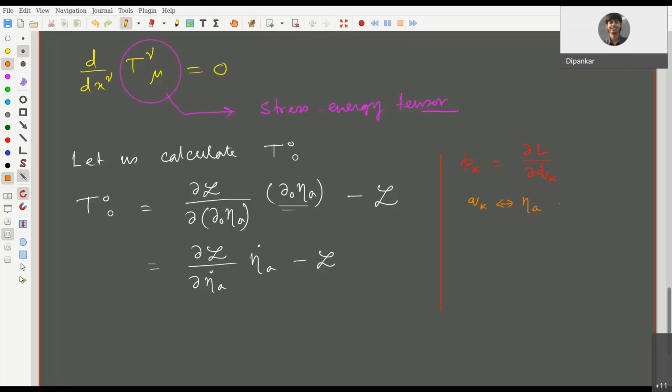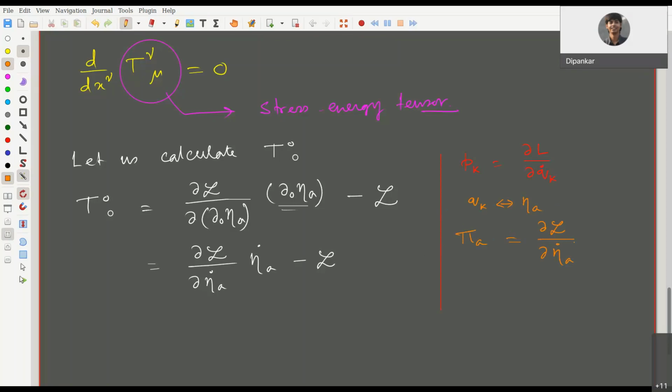So this is my field now, eta A. In a similar way, I would be tempted to define something called a momentum density, which I denote by pi A, which is given by the derivative of the Lagrangian density with respect to del eta A dot. So this would be some sort of a momentum density.